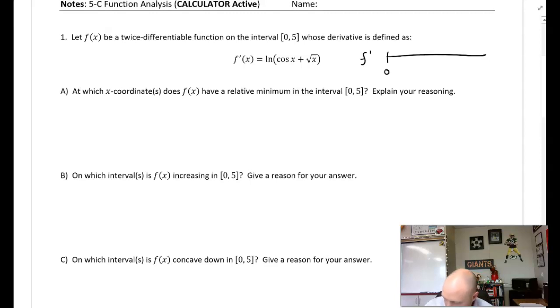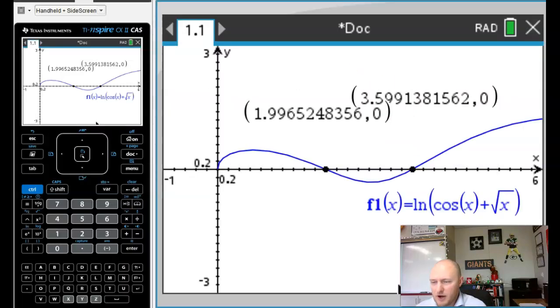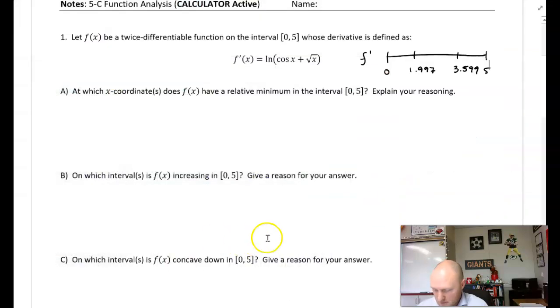I'm starting at 0, then 1.997, and then my other point was 3.599, and we ended at 5. Okay, so here's my f prime chart. That's where f prime is 0. And looking at it, we go positive, negative, positive. So where do we have a relative minimum? Well, when we change from negative to positive.